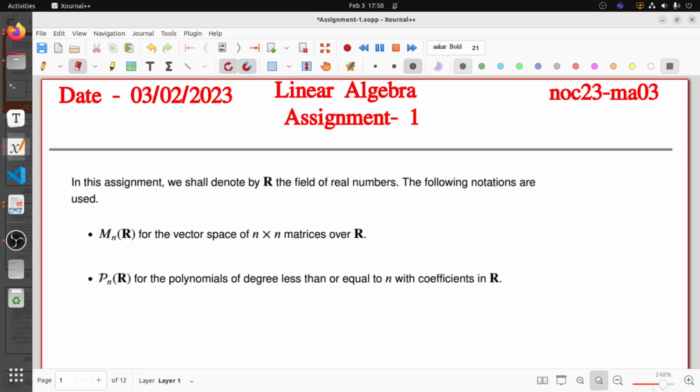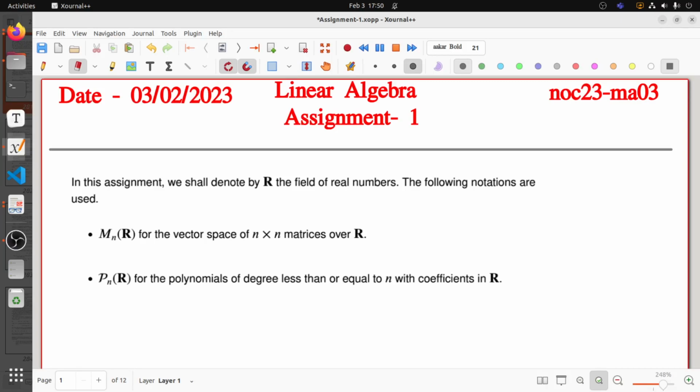So the option number 5, what is it? W, so the P plus P star is 0, is also a subspace. Now the last one, what you have to check? W is the set of P in P3 such that determinant of P is 0. Is this a subspace or not? So let's check this one. What is the determinant of P?